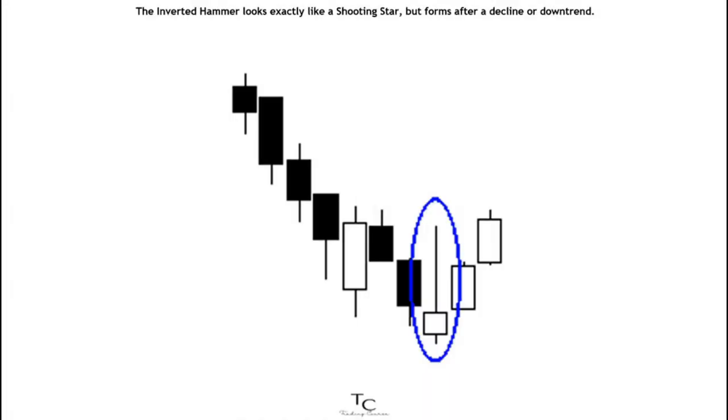The inverted hammer looks exactly like a shooting star, but forms after a decline or downtrend. Inverted hammers represent a potential trend reversal or support levels. After a decline, the long upper shadow indicates buying pressure during the session.